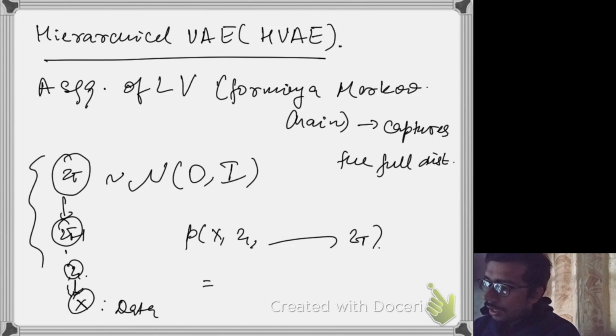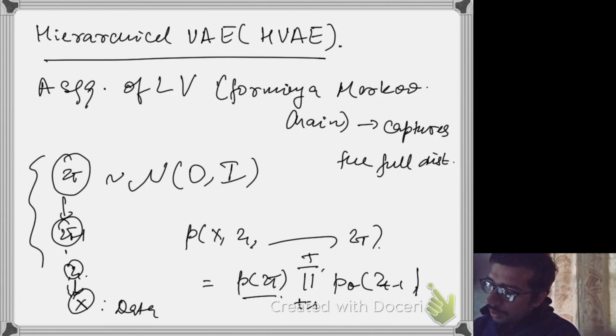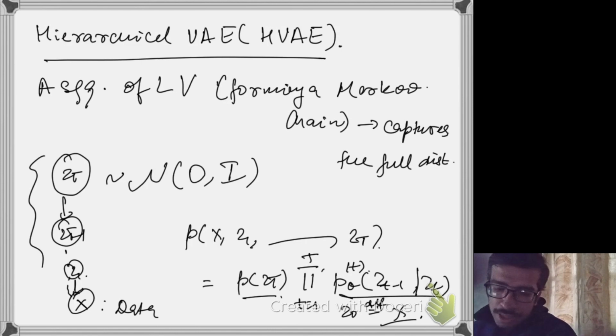It looks as follows: p(z_T), and then the product over t from 1 to capital T of p_theta(z_{t-1} given z_t). Here we are defining z_0 as x. The data itself we are calling z_0, although it's not a latent variable, just for ease of notation and ease of writing this product.